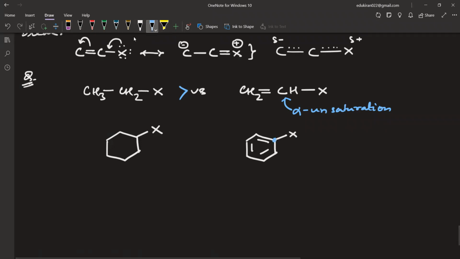This is also an example of alpha unsaturation. That is why the cyclohexane with the halogen atom will be faster. This will be for, let us say, Sn1, Sn2 probably, and this will be for Sn1. Whatever be the case, alpha unsaturation will always decrease the reactivity.